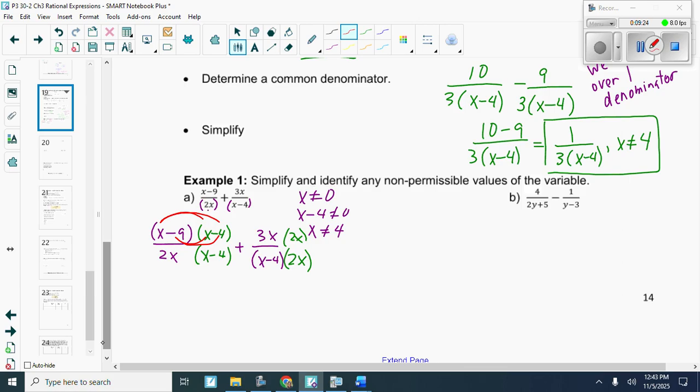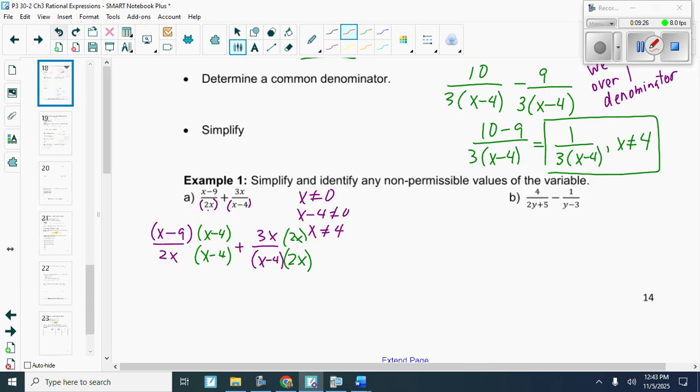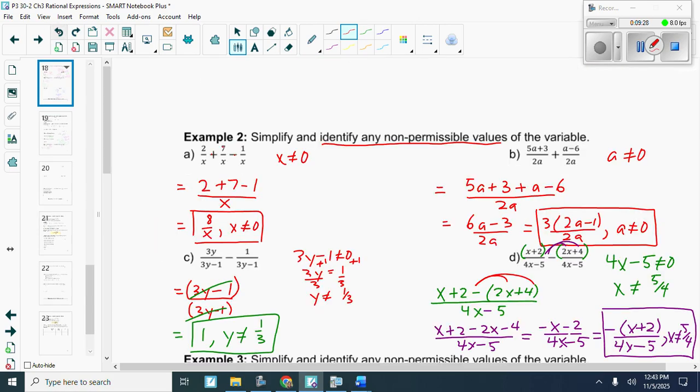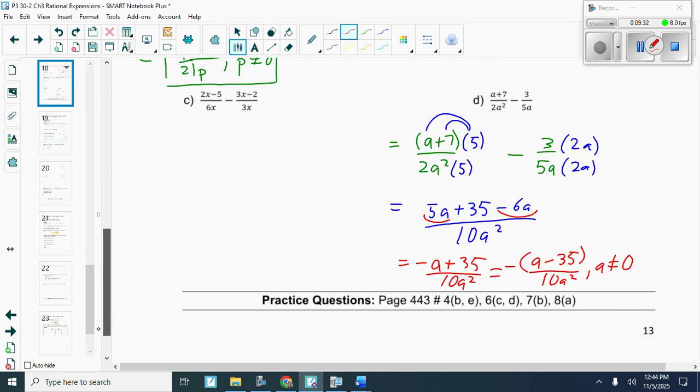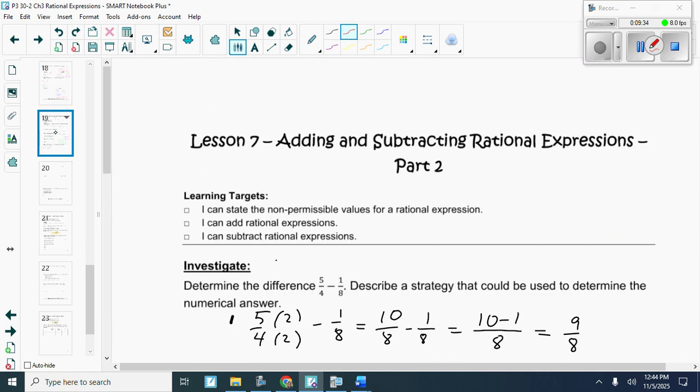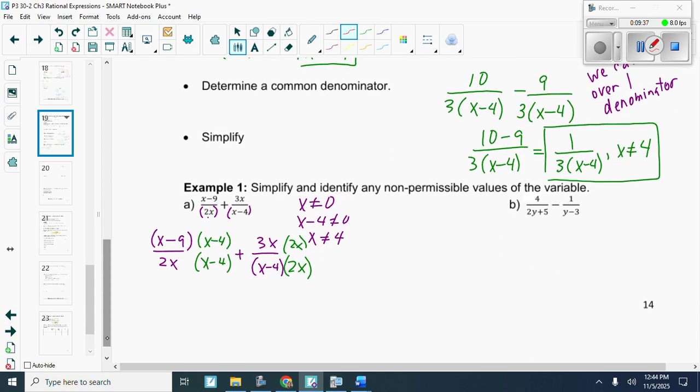Whoops, my arrows look messy. Whoa, what'd I do? Take me back. There you go. Sorry, guys. First, outside, inside, last. There we go. We're going to FOIL.